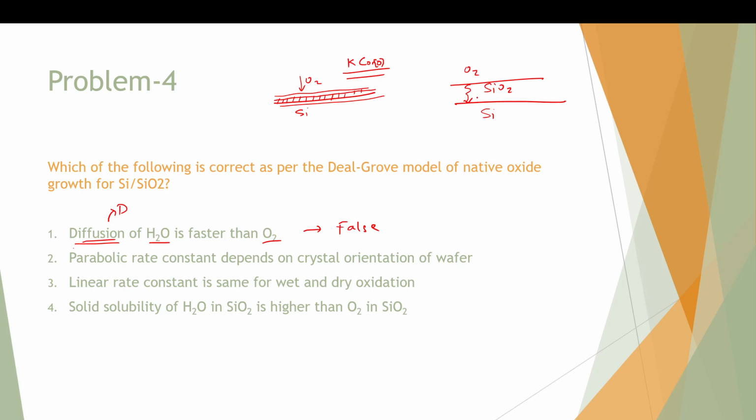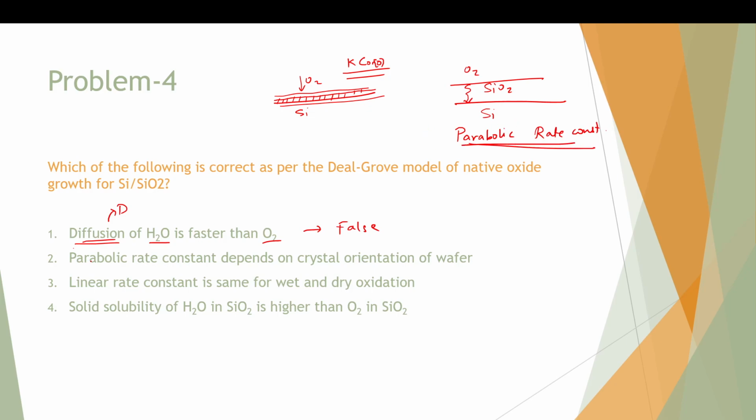In this case, it's not the oxygen reacting with the silicon that is limiting the silicon dioxide growth. What is limiting the growth is the diffusion of oxygen into the SiO2. This is the regime of parabolic rate constant.